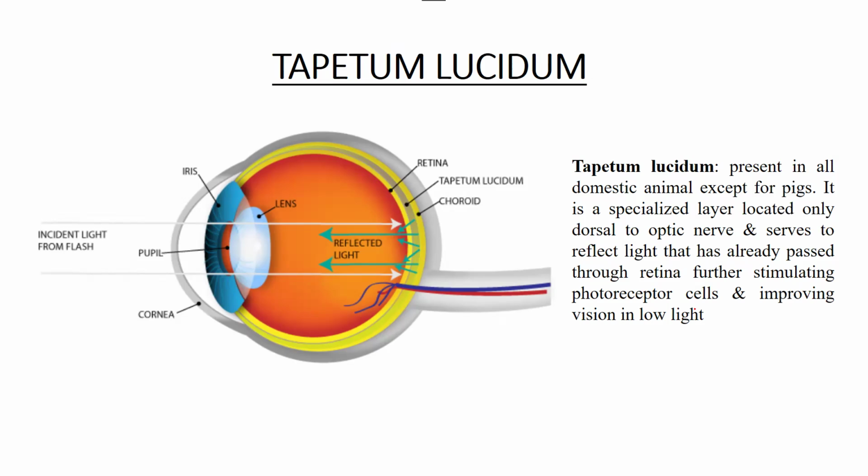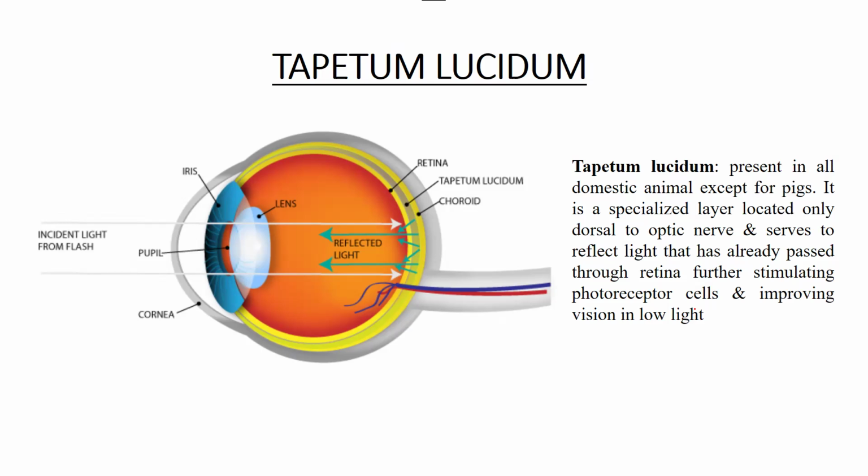One thing you should remember here is the tapetum lucidum, because it is a structure that is present in all domestic animals except for pigs, and it is a specialized layer located only dorsal to the optic nerve and serves to reflect light that has already passed through the retina, further stimulating photoreceptors and improving vision in low light. What does it mean?